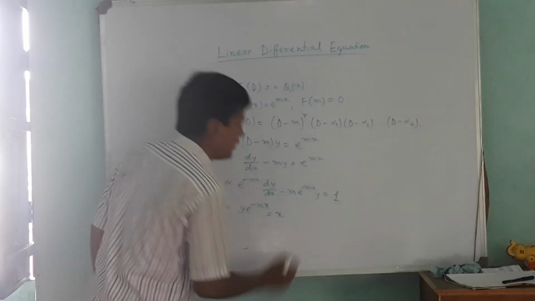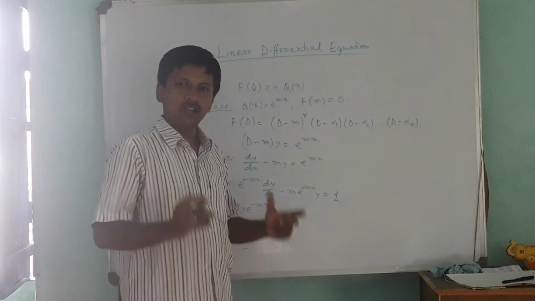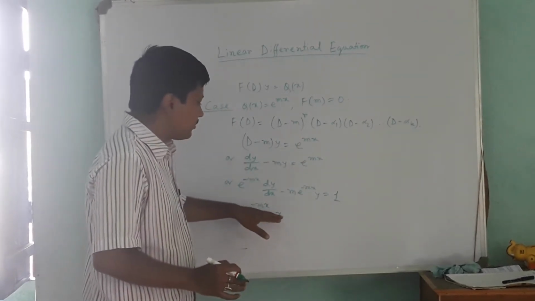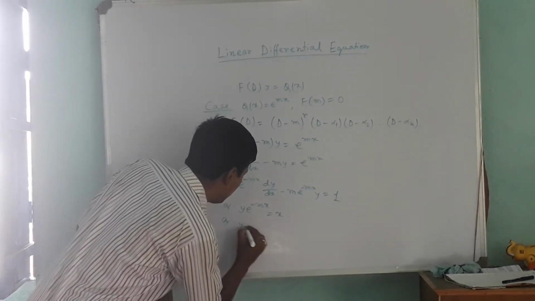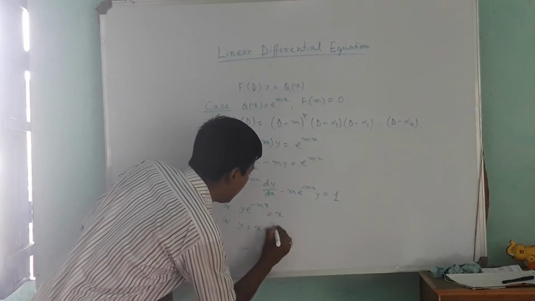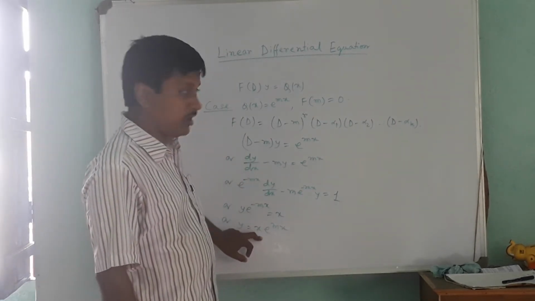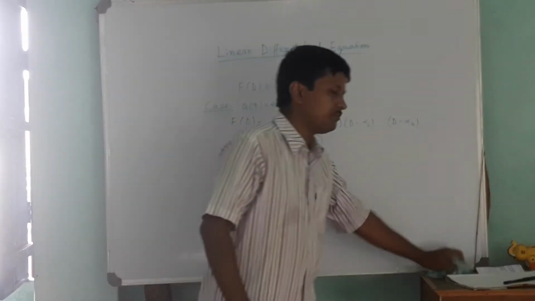There is another arbitrary constant, but since we are interested in finding the particular integral, we avoid the arbitrary constant. So we get y = x e^(mx). So this is the particular integral for this differential equation.